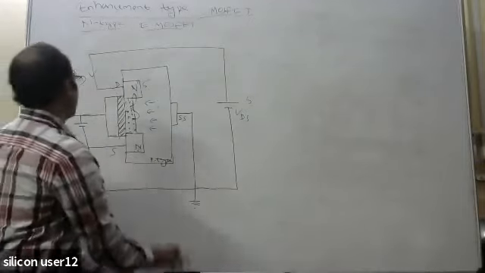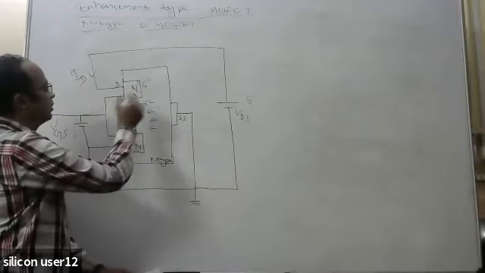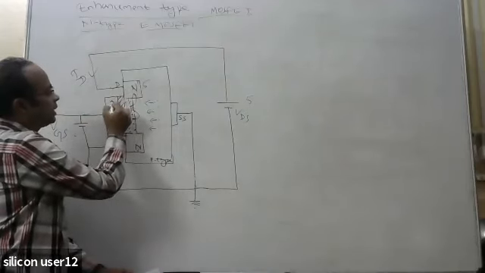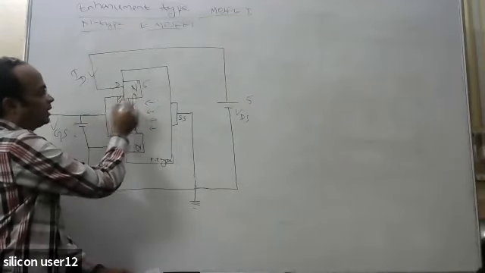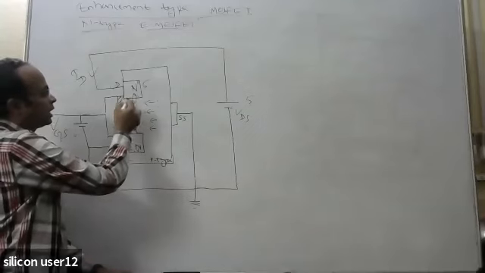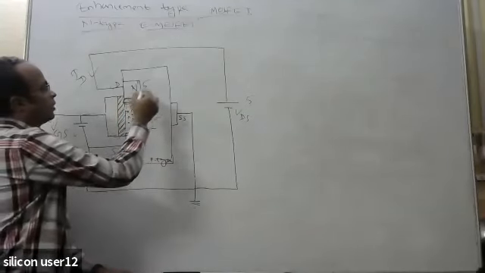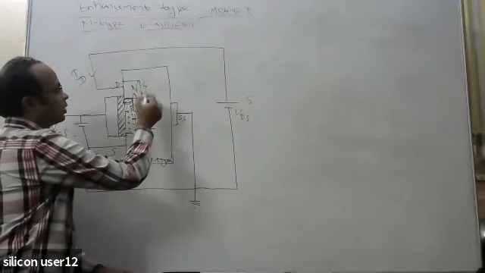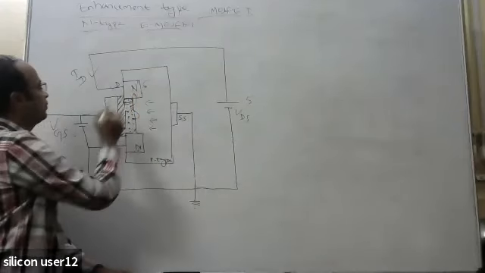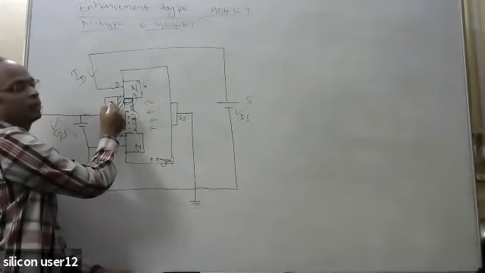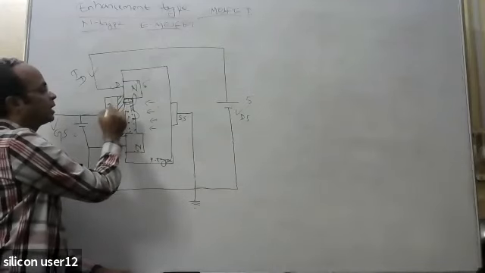Basically, the voltage between this gate terminal and this drain terminal is utilized to create this channel. Let us say this drain is at a voltage of 5, and let's say this point is at a voltage of 6. What is the net difference between them?